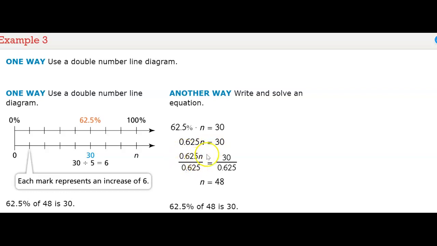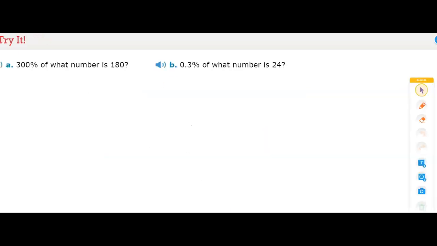You want to get n by itself, so you do the inverse of multiplication, which is division, and divide by 0.625 on both sides. Then you have n alone on one side of the equation, and once you divide 30 by 0.625, you get 48. So 62 and 5/10% of 48 is 30. These are two different ways to solve the same problem.